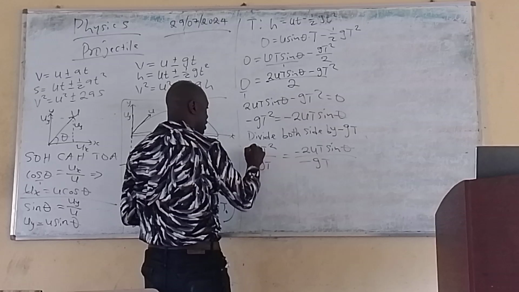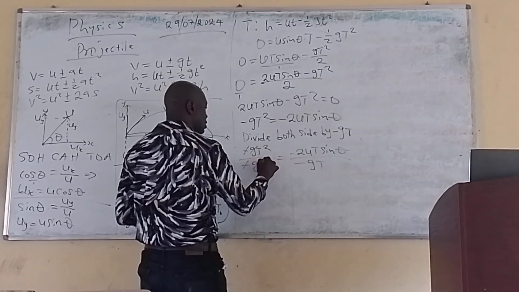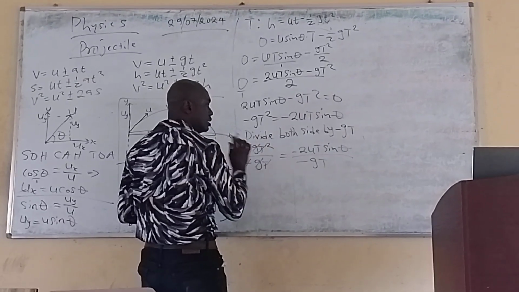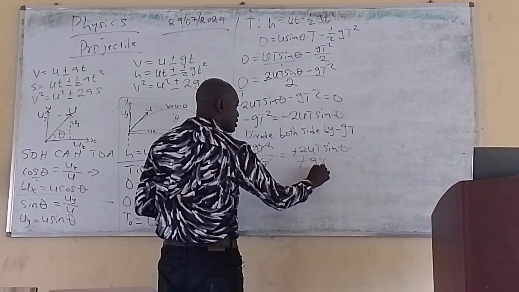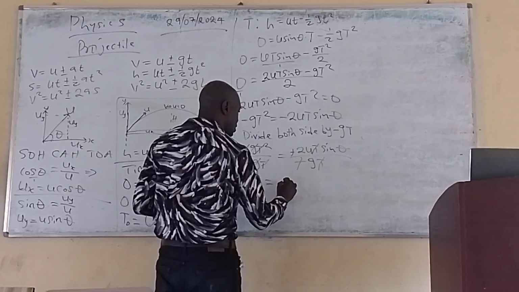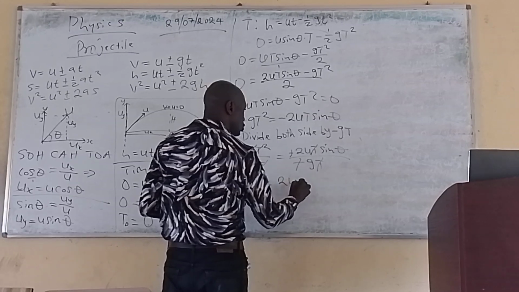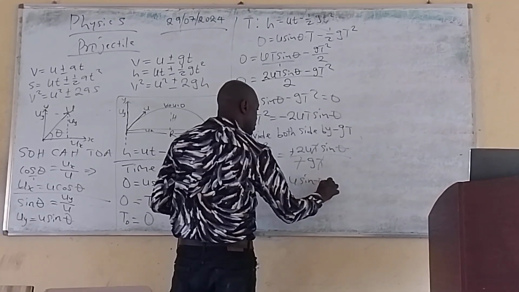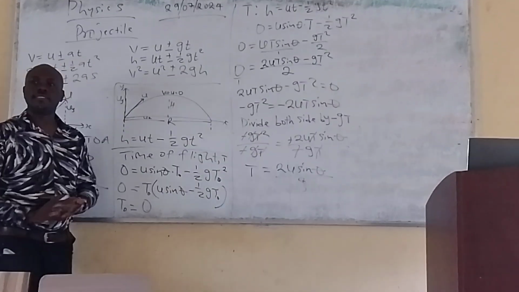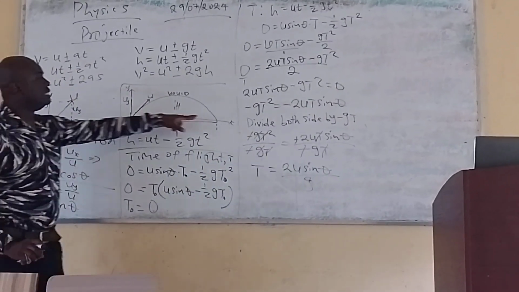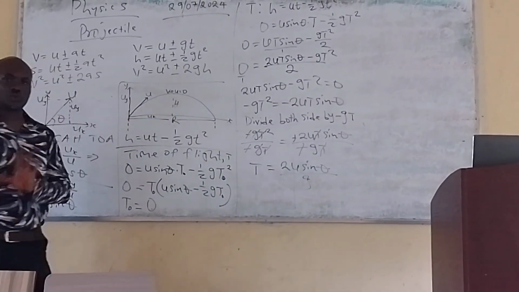So minus cancelling minus, g cancelling g, t cancelling t, it remains t here. You have t equals to 2u sine theta all over g. So this one is the time of flight when it hits back the same plane where it was projected from.